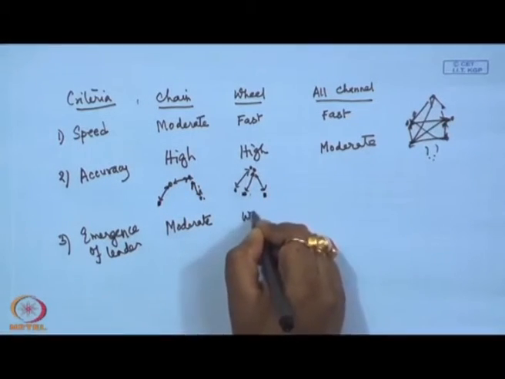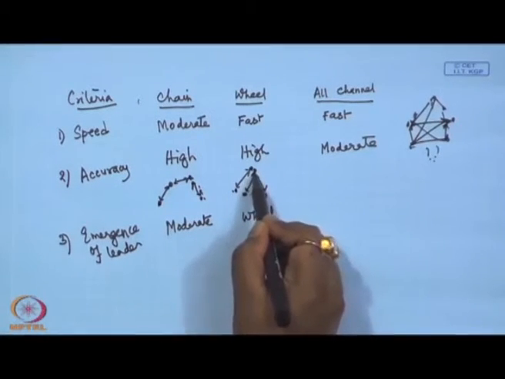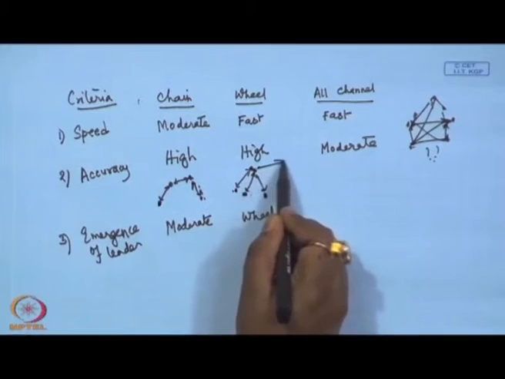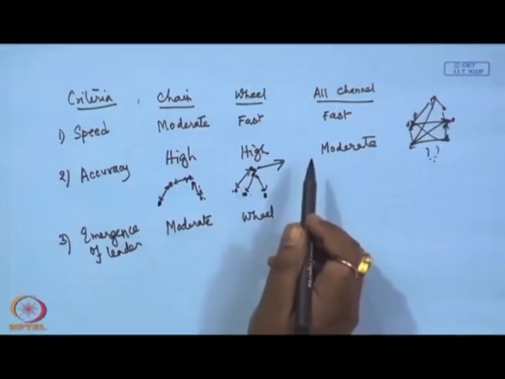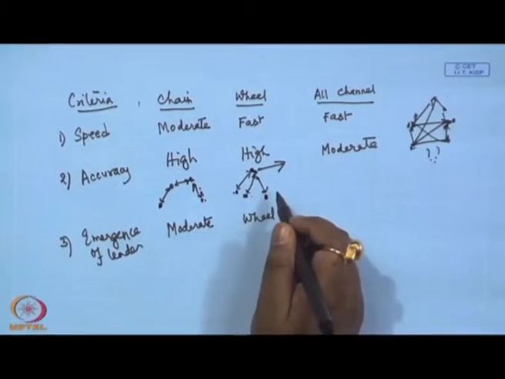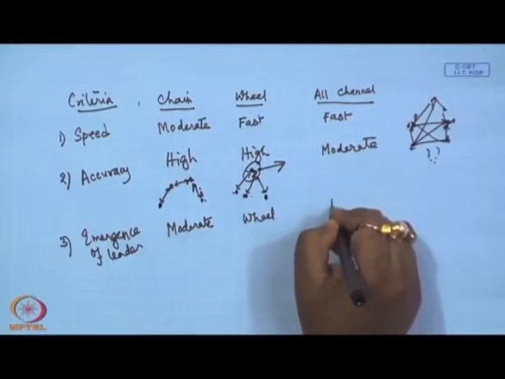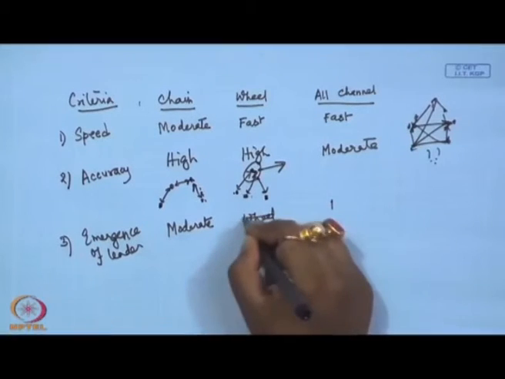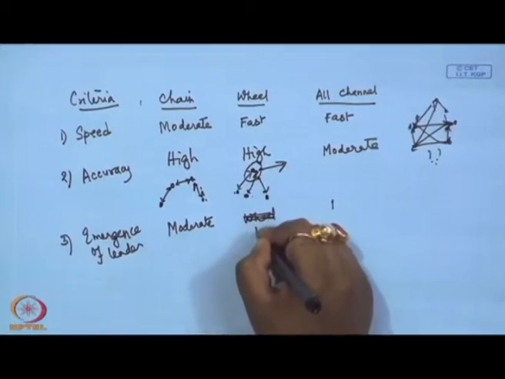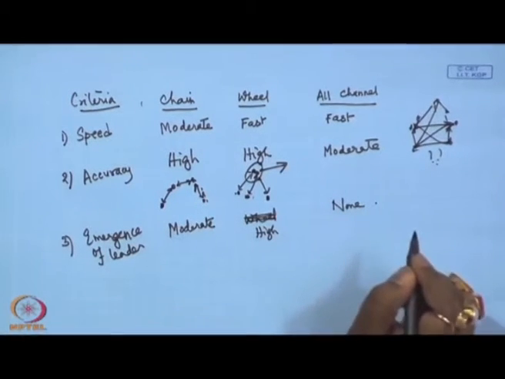It is very high in wheel because all information gets centrally passed on to one person, and that person passes that information to the outside parties or the outside world. So there is a great chance of emergence of a leader in wheel communication. But when we are talking of all channels communication, the possibility of emergence of a leader is maybe none.